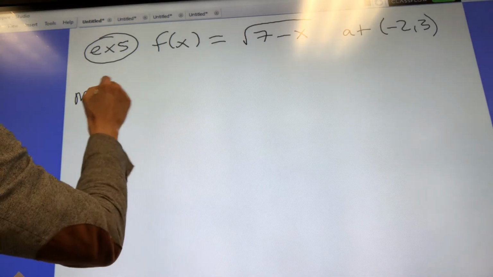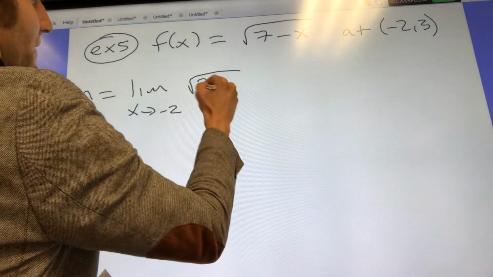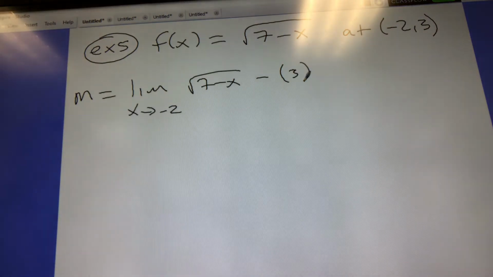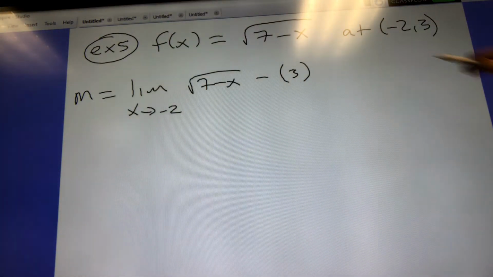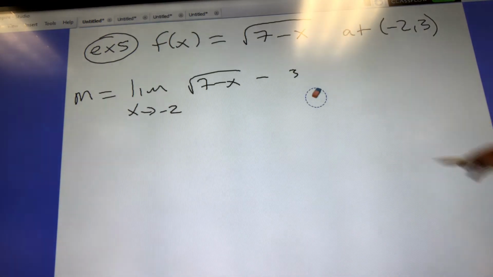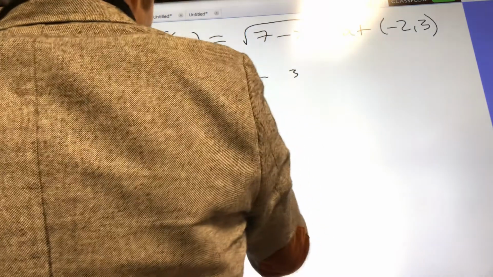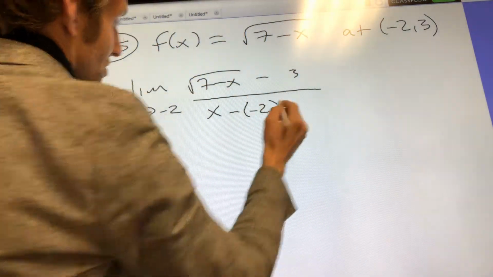So the slope is the limit as x approaches negative 2 of f of x minus, I like to put that in parentheses sometimes, especially if you're negative. Not right now, actually, that looks silly. So minus f of a, divided by x minus a, which is negative 2.